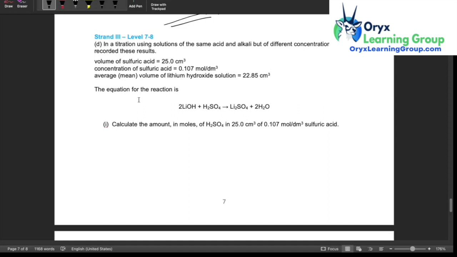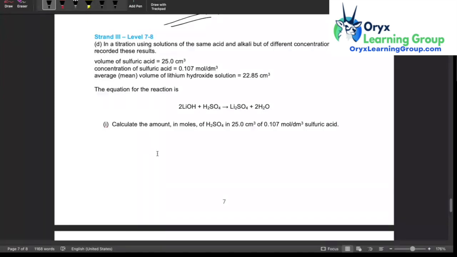Then the equation is given. Calculate the amount in moles of H2SO4 in 25 centimeters cubed of 0.107 moles per dm3 sulfuric acid. Correct. Okay, so now tell me which formula will you use to answer the first question?